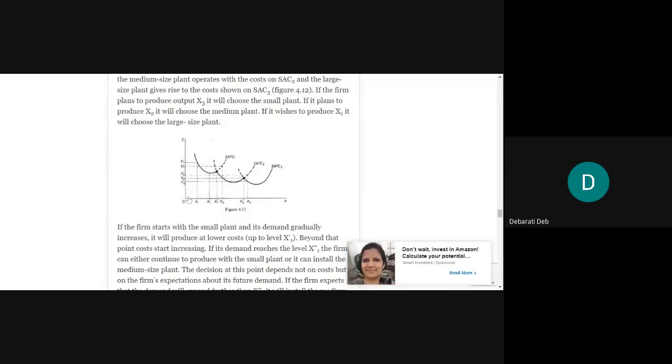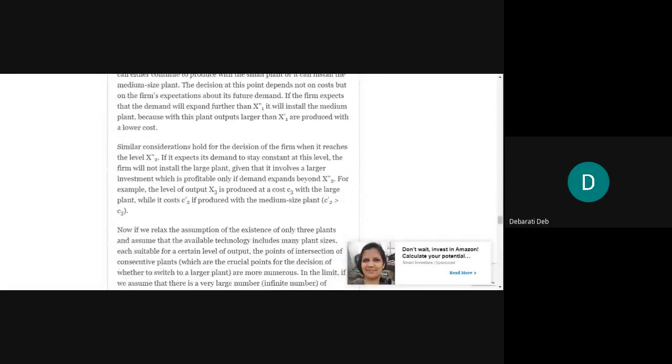So it's very interesting. You draw the diagram, then you stretch the perpendiculars. You will be able to see that if you move on to the large plant, you are able to produce at a lower cost, while if you decide to stay in the medium plant, your cost will be quite high. Understood? Is it clear?